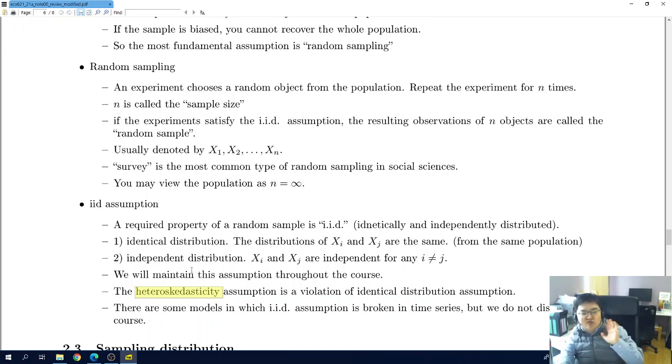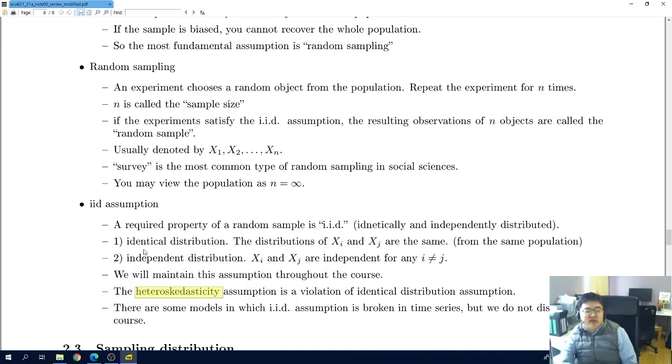But I'm not going to consider this seriously here because we aim at a more general framework in this course. Heteroscedasticity is just a special case, and frankly, I don't think it's super important relative to other topics I'm going to cover. So I'm not going to spend much time on this example.